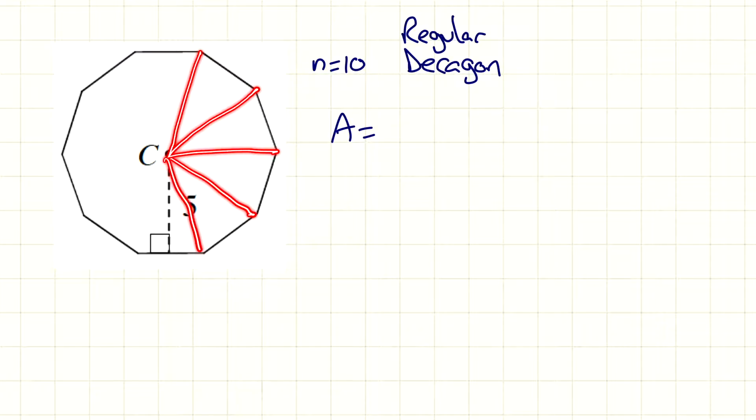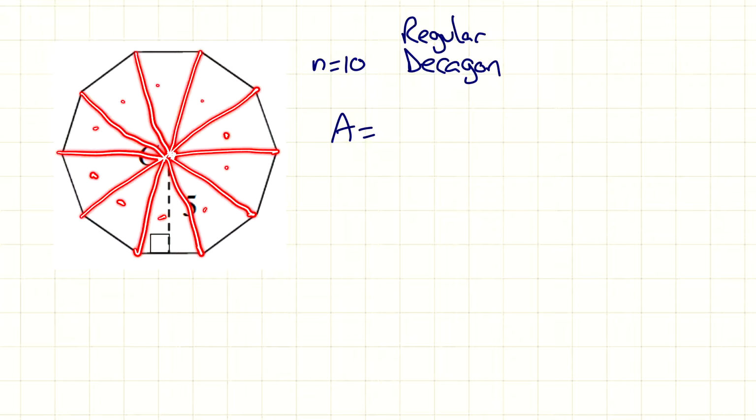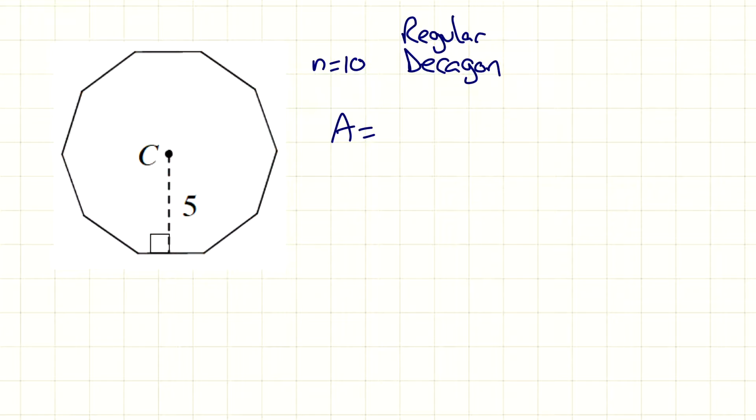Kind of like a pizza, if we cut it up, how many slices of this decagon are there going to be? Well, 10 sides means we're going to have 10 slices, 10 triangles. So that means we're going to do 10 times the area of one triangle.